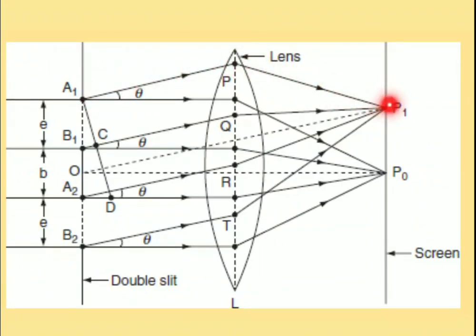That extra path is A2D. So for determination of this extra path, the path difference A2D, we draw a perpendicular A1D like that.